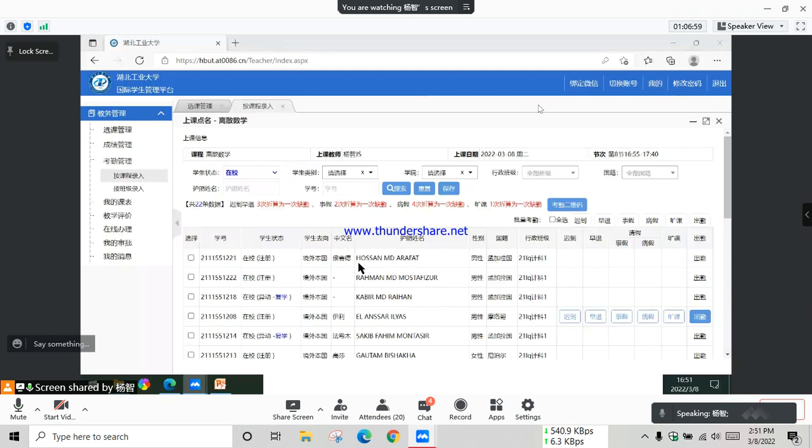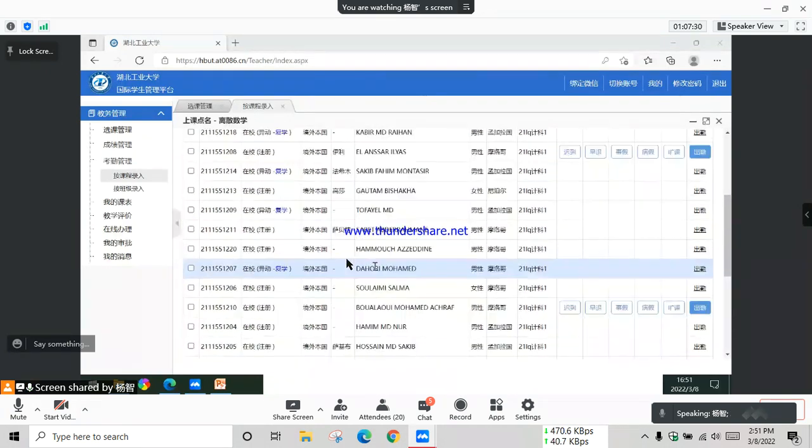Show it again. Huh? Oh, I didn't hear it clearly. Have you scanned the QR code? Okay, I also take the picture.